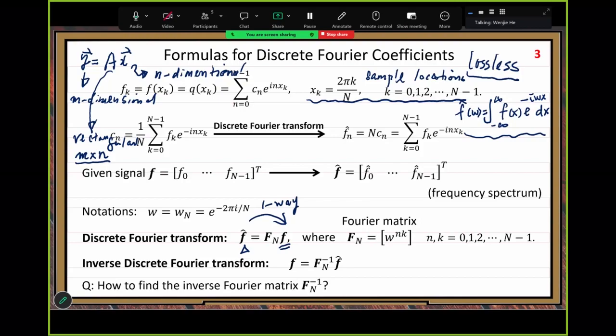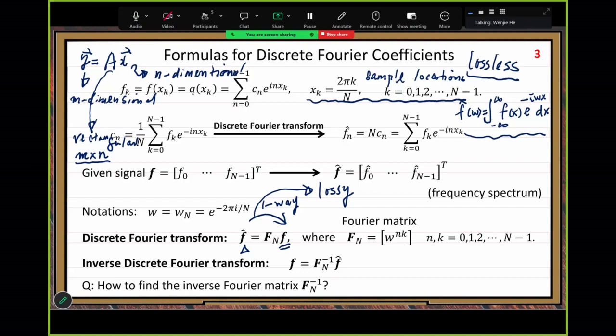Based on logic, that means your transformation is not lossless, right? So we can call it lossy, because you will lose part of the data.